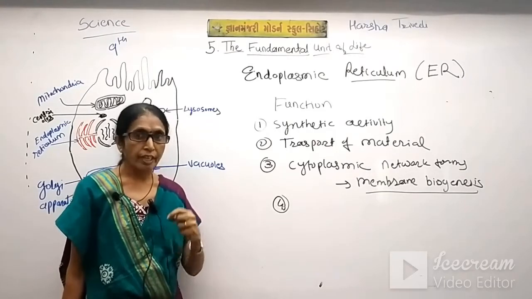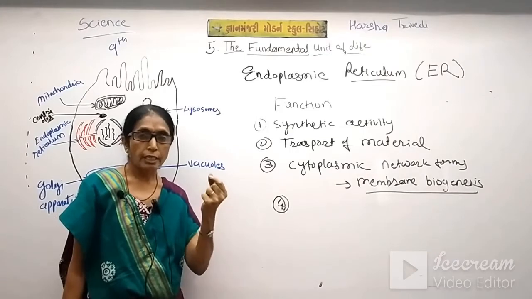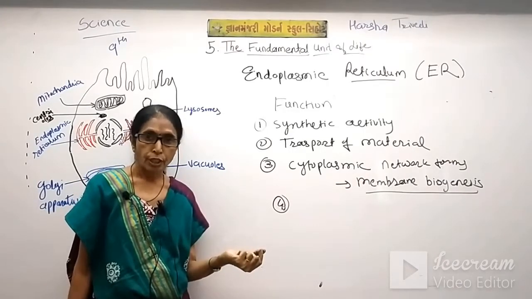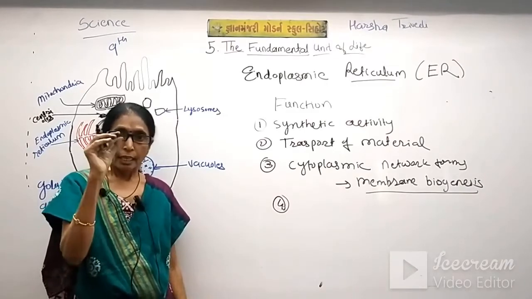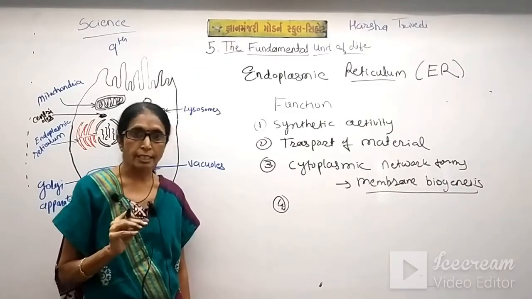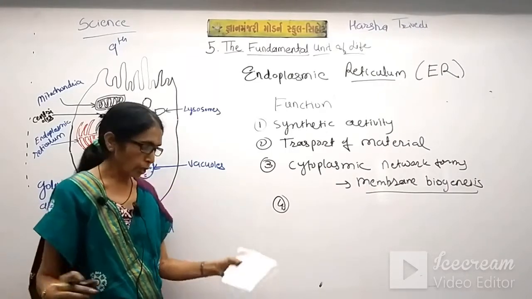Sometimes by mistake we eat poison, or rotten food, and there is a chance of poisoning, and this is detoxified by the endoplasmic reticulum.